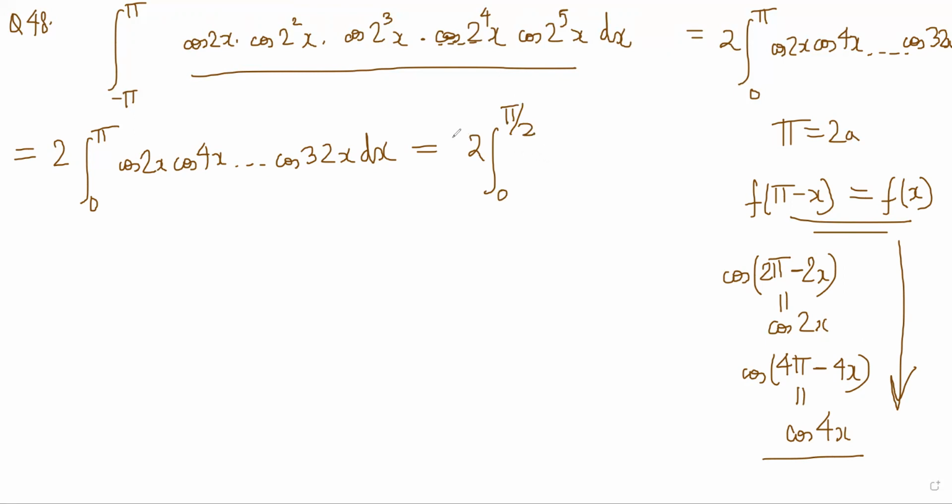The whole thing is that we can just convert this integral into double of this 0 to pi by 2 integral. So there's an extra 2, and this is the same integral, right?